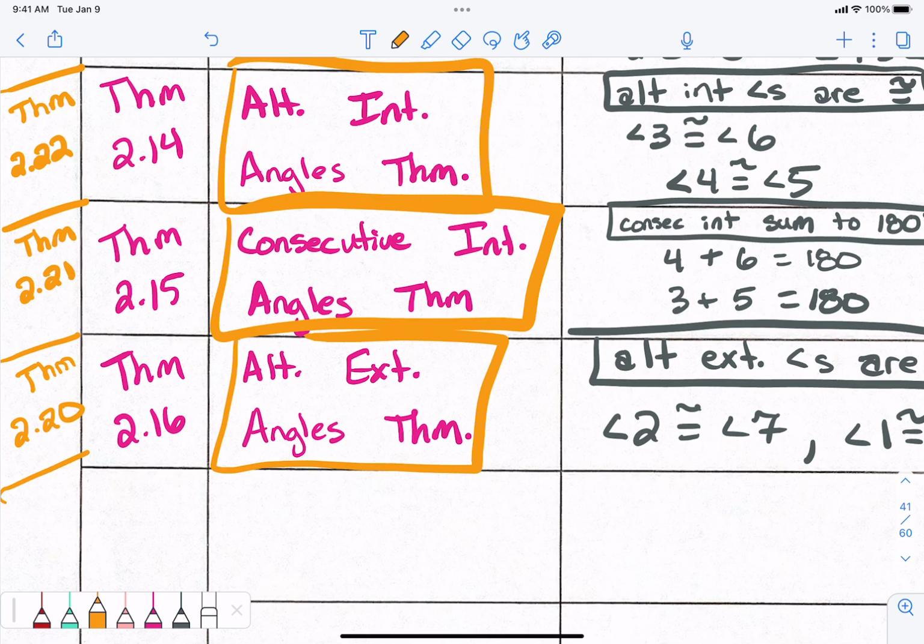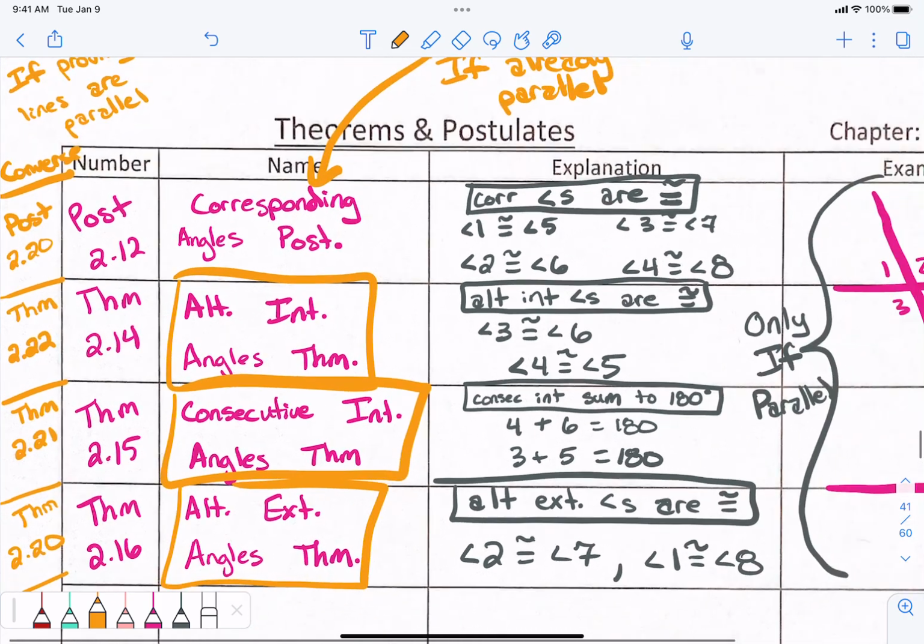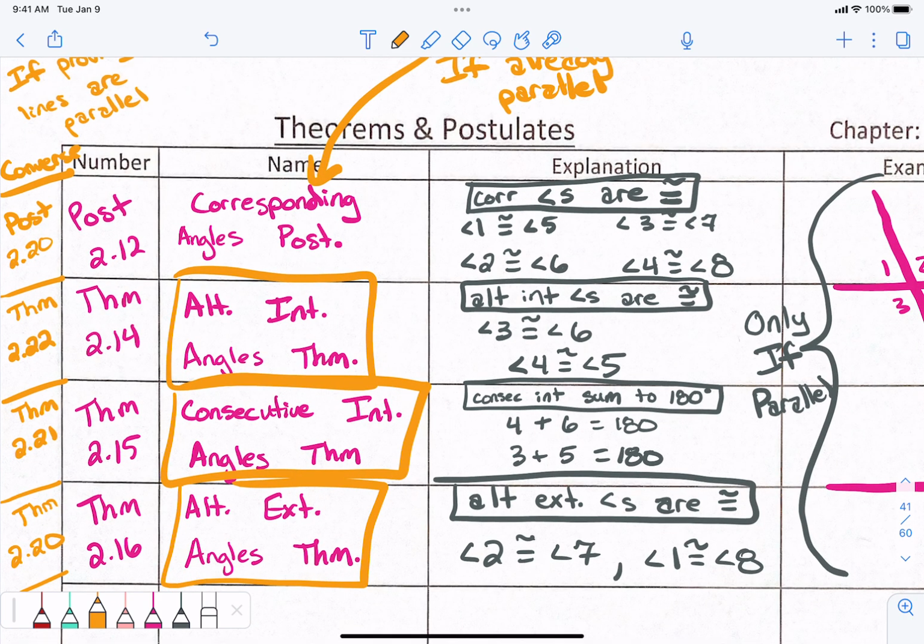We don't know that the lines are parallel, but if they give me these angle measures, we can say that they're parallel. So it's doing the opposite of those. The first one is a postulate, 213. Postulate 213. There we go.